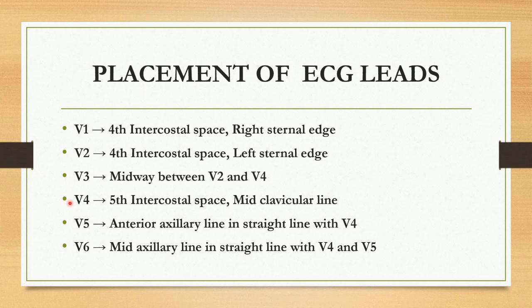V4 should be placed in the fifth intercostal space, that is, the mid-clavicular line. V5 in the anterior axillary line, in a straight line with V4. V6 in the mid-axillary line, in a straight line with V4 and V5.